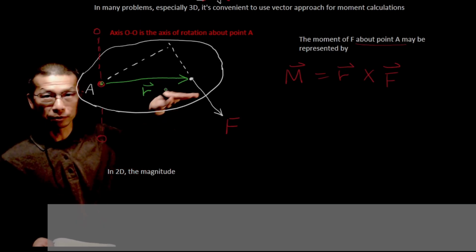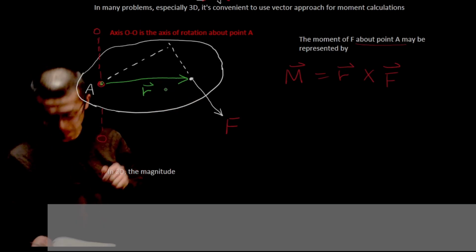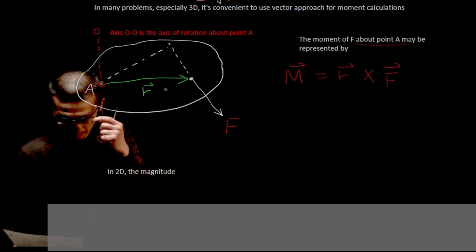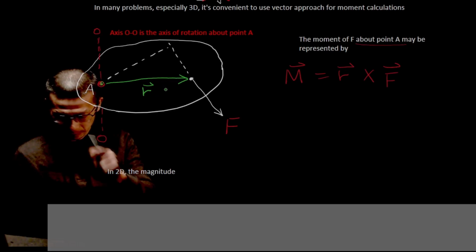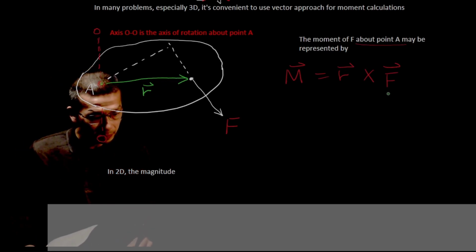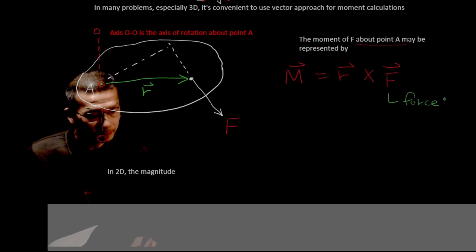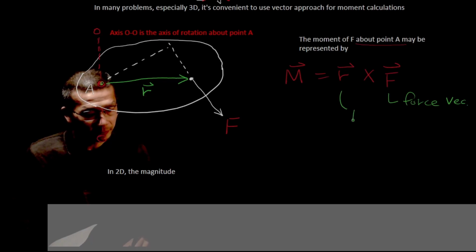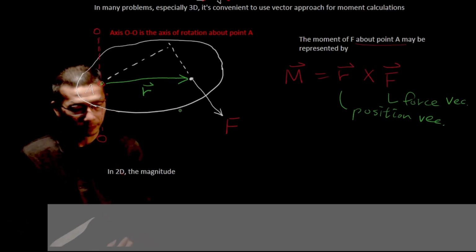I don't want to confuse you anymore. So this is the force vector, and this is the position vector.